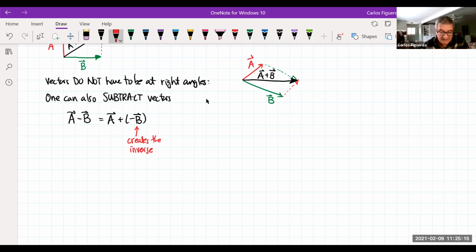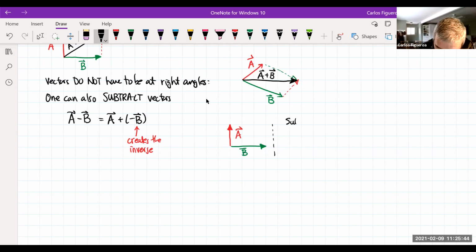Well, let me give you an example here. If I'm adding two vectors, similar to what we did before, imagine that I have a vector A like this. And then I have a vector B that looks like this. We already know what to do with A plus B, but now I want to subtract them.